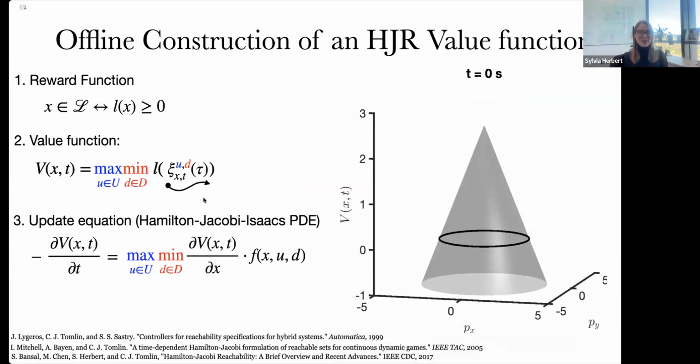So instead of saying that you just want to encode the reward at the end of the trajectory, we're instead going to have this min over time, where I want to encode the minimum reward that I am able to achieve over the time horizon. If that minimum reward is ever negative, then I know that I have left the constraint set. If that minimum reward is always positive, then I know that I've always stayed inside the constraint set.